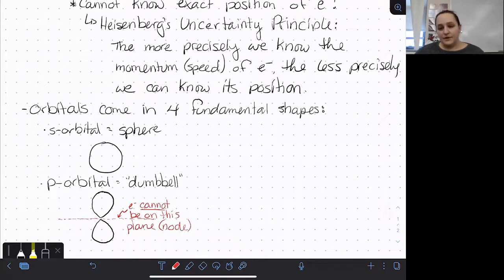This area is known as a node. It is just any place where the electron is not allowed to exist. The physics says no, the electron cannot be right there.